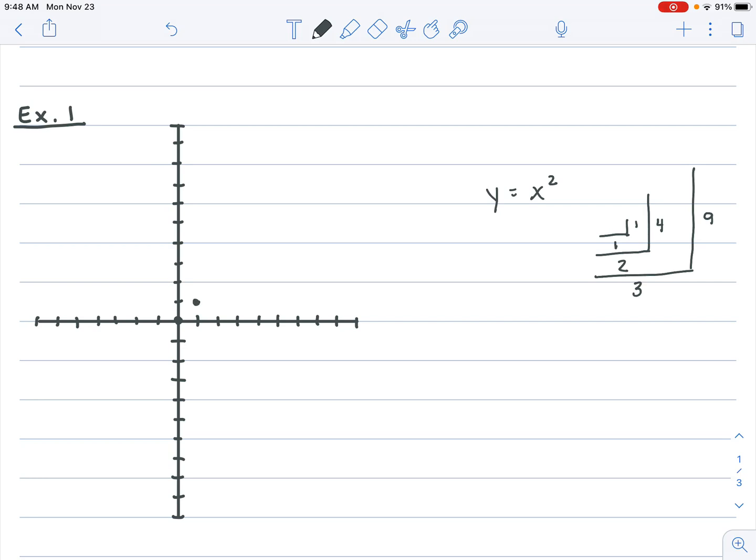So I'm going to go over 1, up 1 for my first point. You can repeat that on the other side as well. I'm going to go over 2, up 4. 1, 2, 3, 4. Repeat that on the other side. And I can go over 3, up 9, so 4, 5, 6, 7, 8, 9.